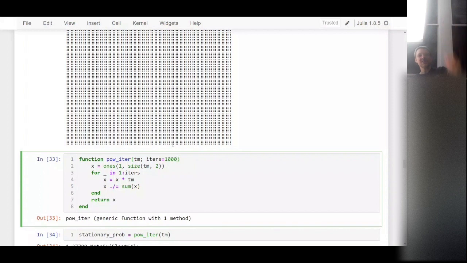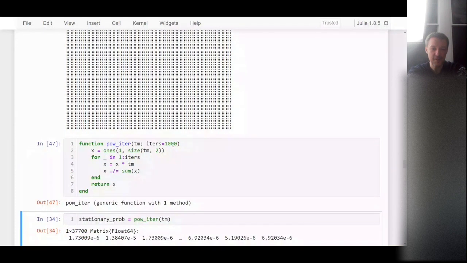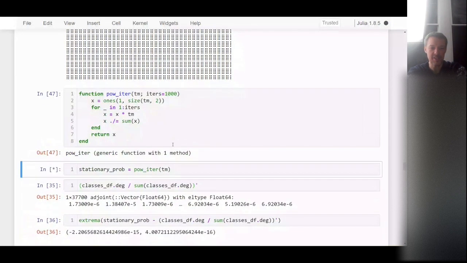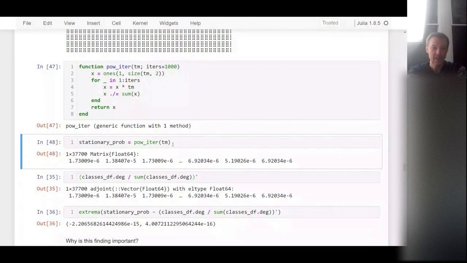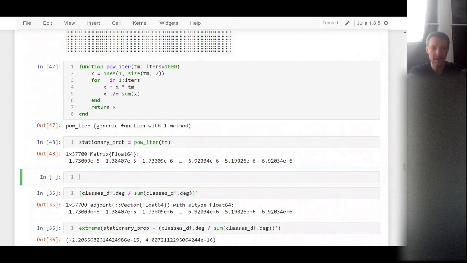So at the end of this process, I will get a vector X that will have, deterministically, as opposed to earlier randomly, the distribution of probability of being in a given node. So let us run it. If I run this power iteration algorithm, I get some numbers. And what is important is that those numbers are small.